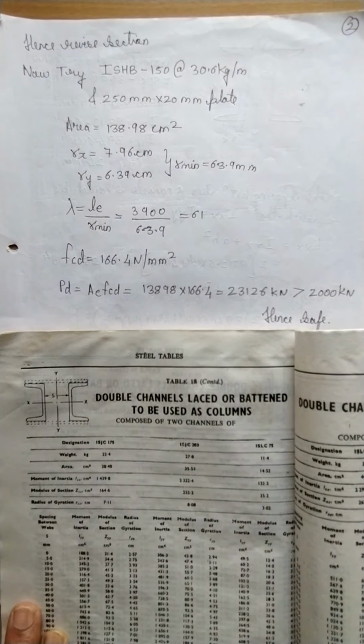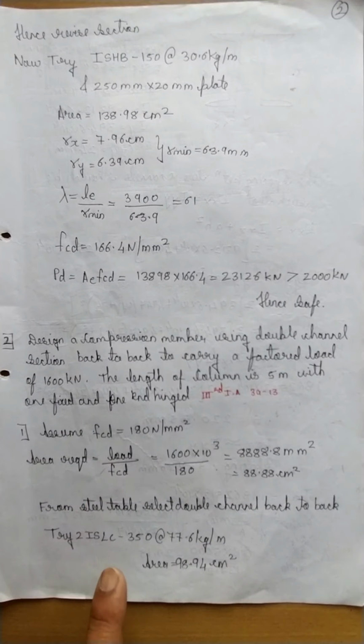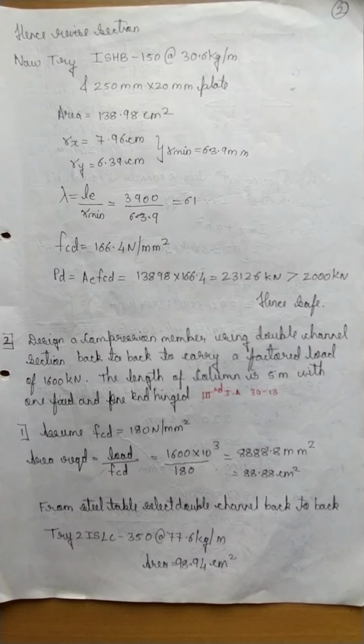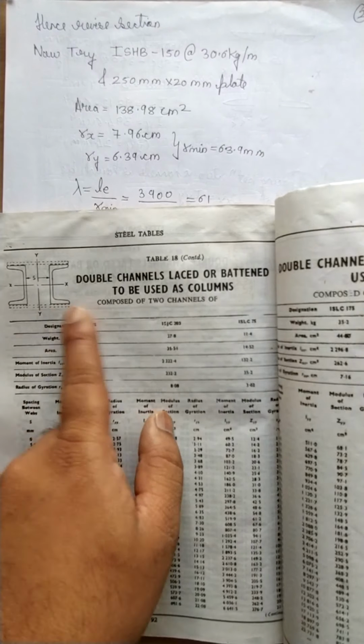From the steel table I have noted down a section, that is try 2 ISLC 350, whose area is 98.94 centimeter square, and the required area is 88.2. So this section lies here. Remember, we have to choose a section of double channel back to back.